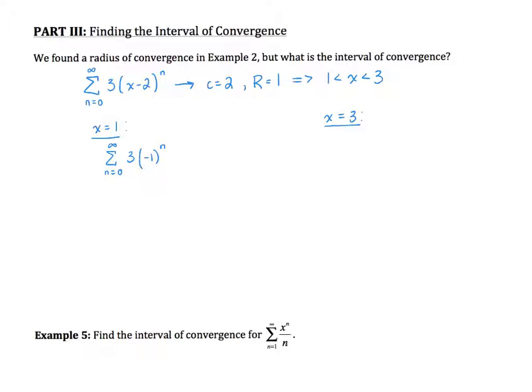But also, this is an alternating geometric series, and in this case, your common ratio has magnitude equal to 1. So by geometric series, we know that this particular series, for this instance of x equal to 1, will diverge. This specific series diverges by geometric series.